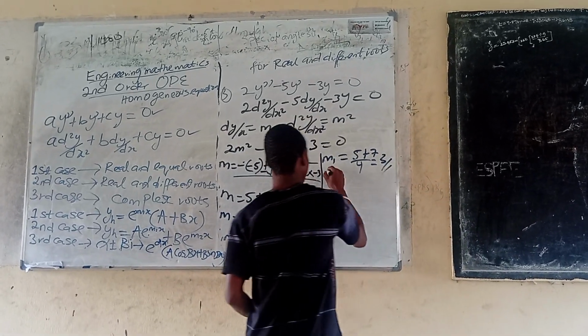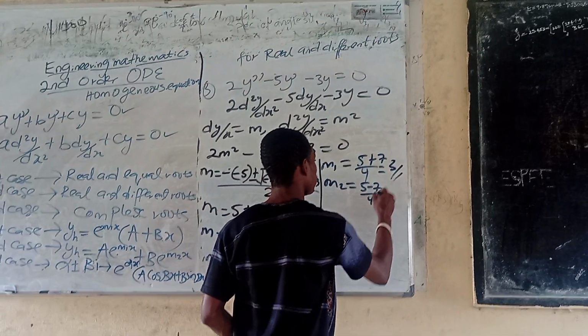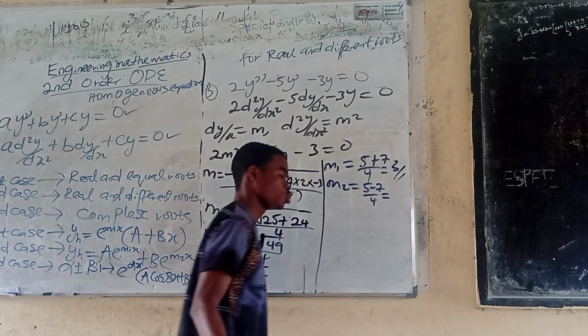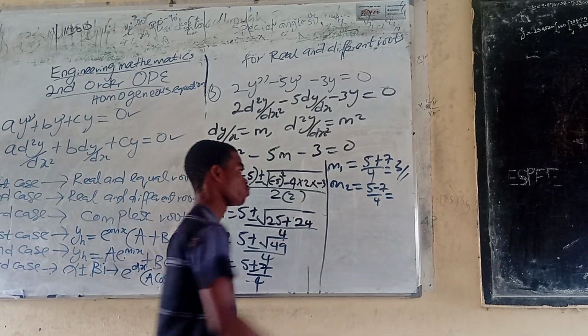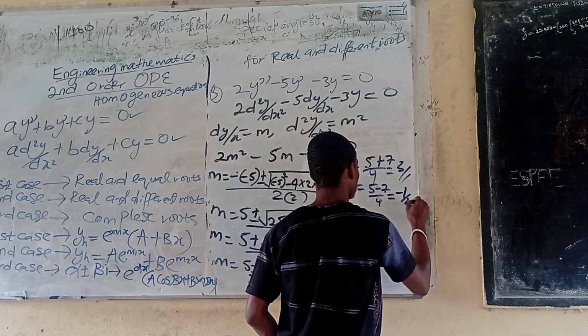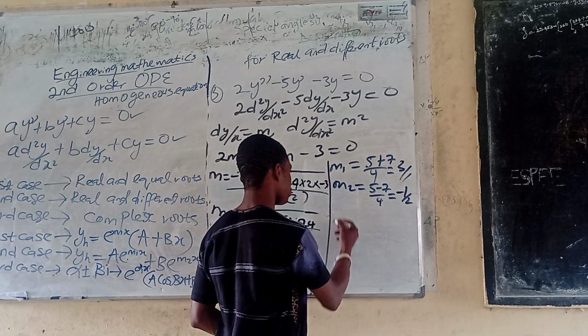So that's our m1. m2 equals 5 minus 7 divided by 4. 5 minus 7 is minus 2, and minus 2 divided by 4 is minus 1 over 2. So our m1 equals 3 and m2 equals minus 1 over 2.